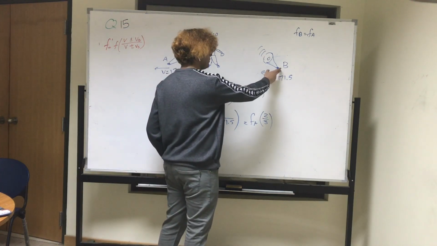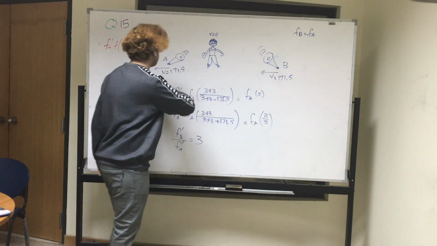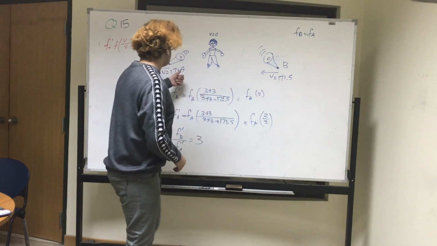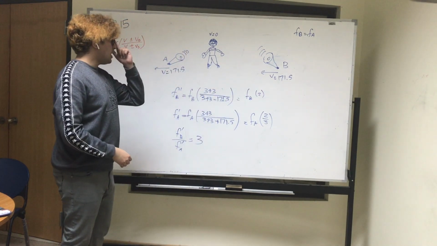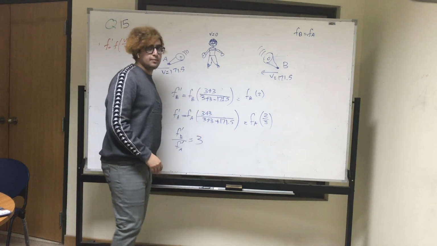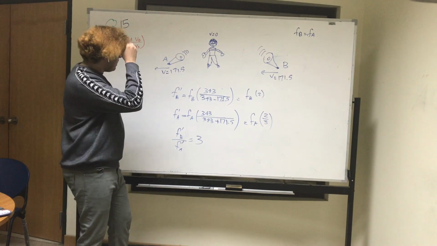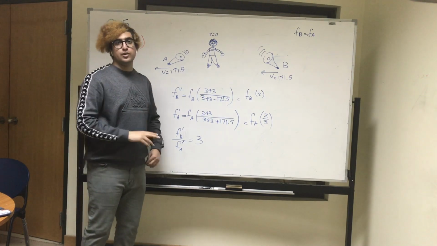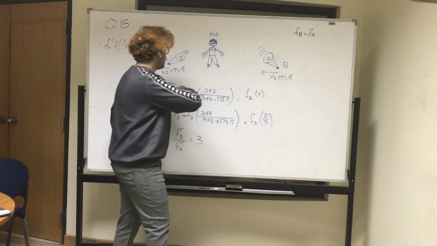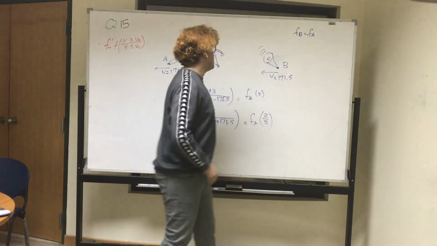Say we have a sound source, let's call it B, and a sound source called A. B is moving towards the observer, and A is moving away from the observer, and these two sound sources have a speed of half of the speed of sound in air. The speed of sound in air is 343 meters per second, so half of that is 171.5. They both have the same velocity, and they both emit the same frequency.